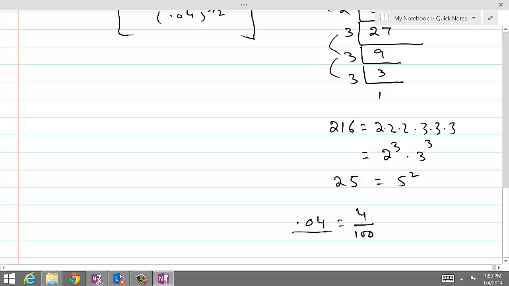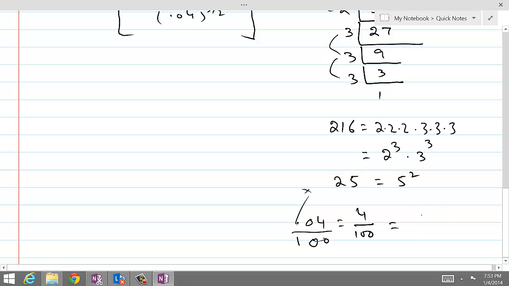We know that in order to do this, we directly write 1 just below the decimal and then count the number of digits to the right of the decimal point, which is 2. So we place 2 zeros and take away this sign. We are left with 4 over 100.